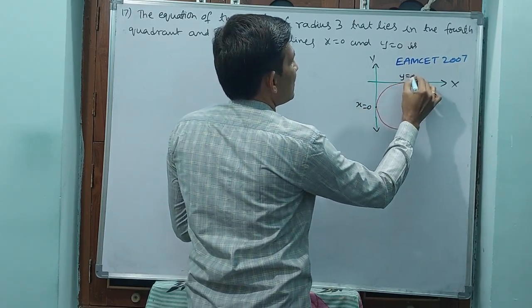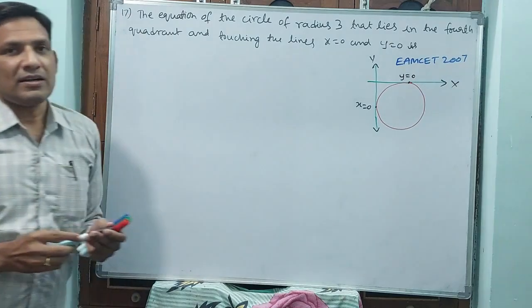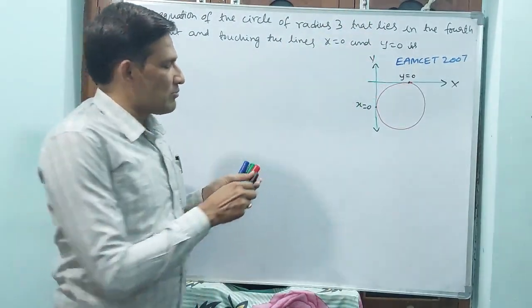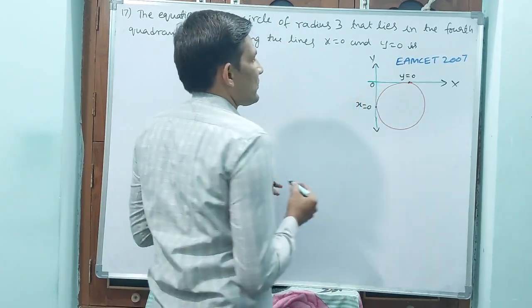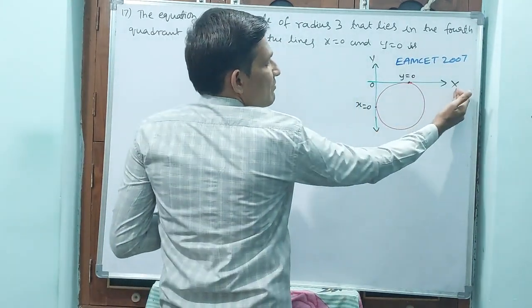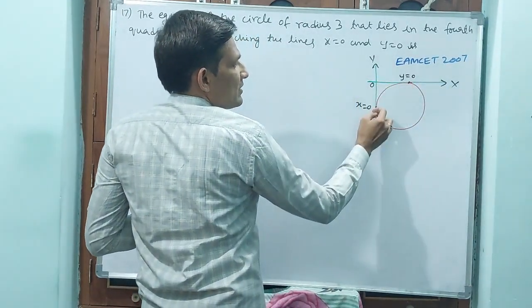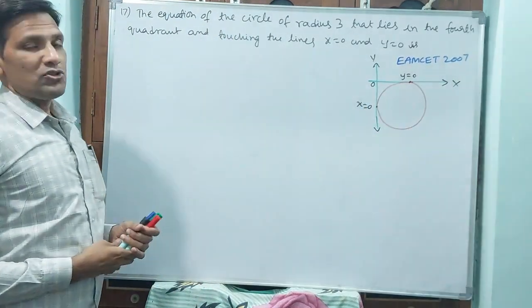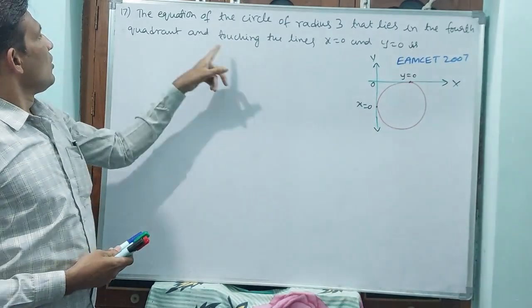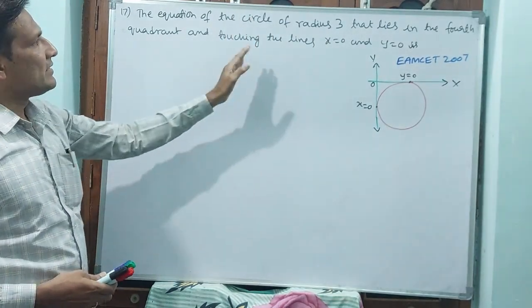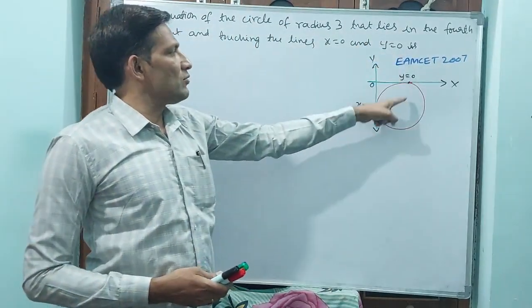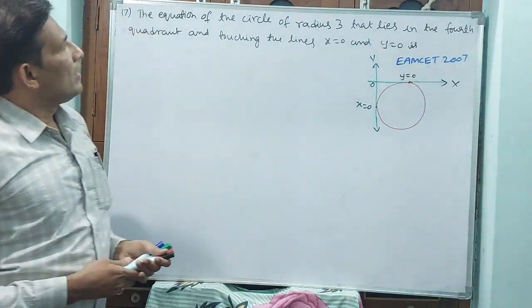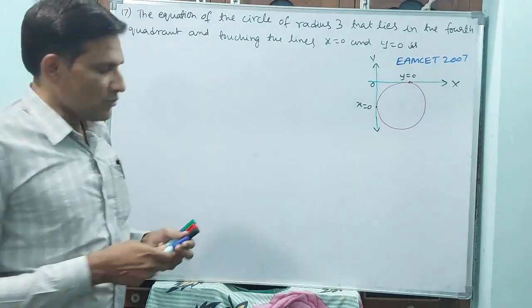Why? Because y may be minus 3 or plus 3, but afterwards it comes to 0 at the origin. X may be something, but afterwards it comes to 0 here. This circle is touching x is equal to 0 and y is equal to 0, in the fourth quadrant, and the radius is 3. Keep that in your mind.